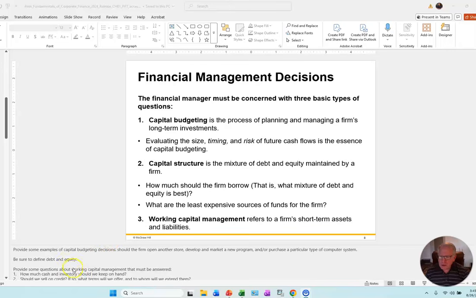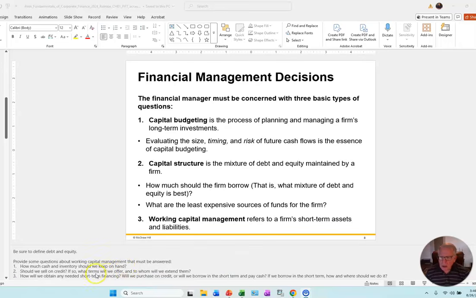But I wanted to show you down here, speaker notes. Oftentimes, these speaker notes are very useful. Here are some of the questions you might want to ask in working capital management: how much inventory do you have or need? How much cash do you need? Should you sell on credit? What would the terms be that we would offer and when would we offer them?